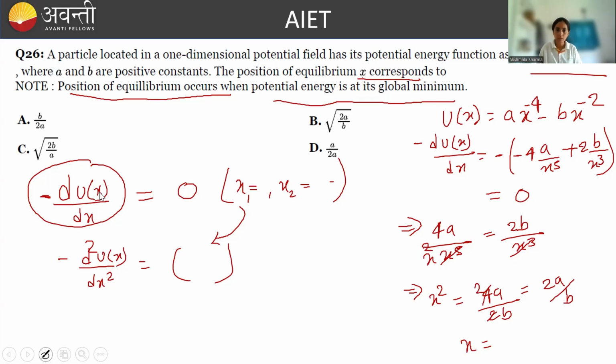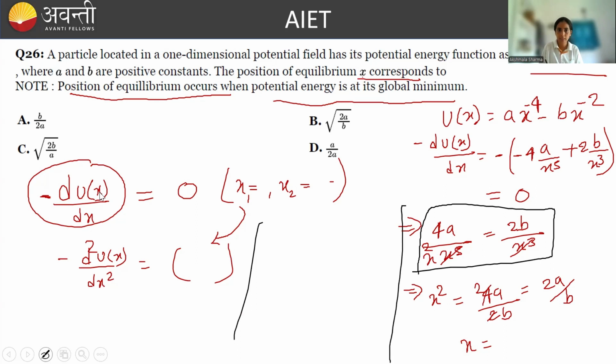If you write it properly here, look at this equation carefully: x to the power 5 was there and x cubed was there. So if you do one thing here, how can we do it? Like x cubed times (4a minus 2b x squared) is equal to 0.